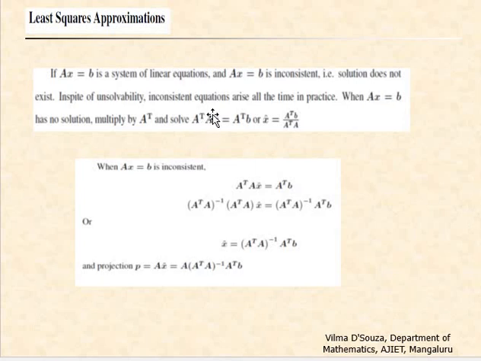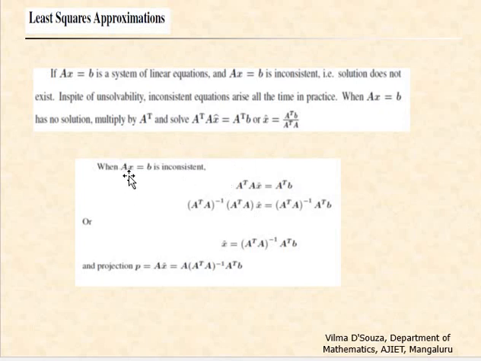A transpose A x is equal to A transpose B, or x cap is equal to A transpose B divided by A transpose A. Okay, when the system is inconsistent, Ax is equal to B, what you do is you multiply both sides by A transpose and denote the solution as x cap.